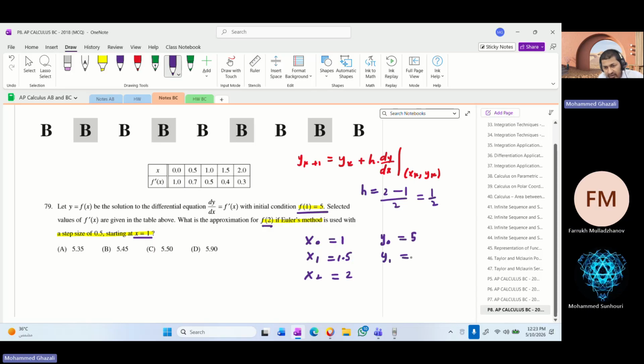So we need to find y1 using Euler's formula and y2 using Euler's formula. Let's say what's y1?